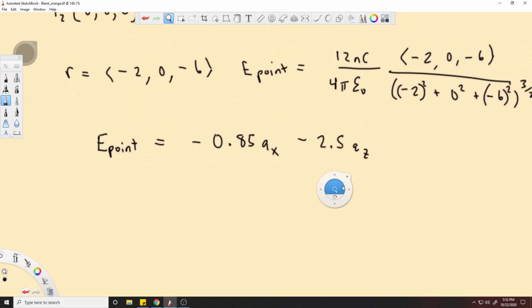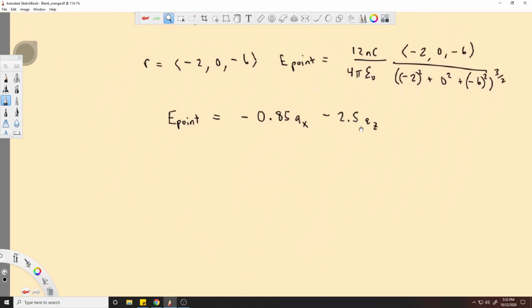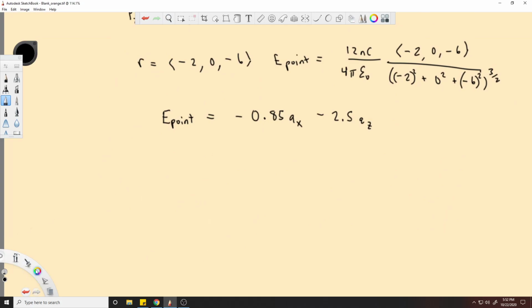Okay, so next part, line charge. We will do this in a different color. So the line charge equation looks like this. Rho L over 2 pi epsilon naught R, these little r's, times the unit vector.